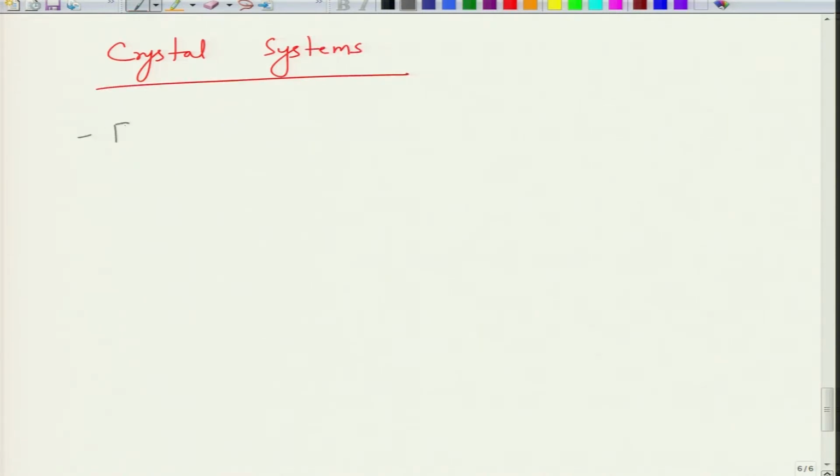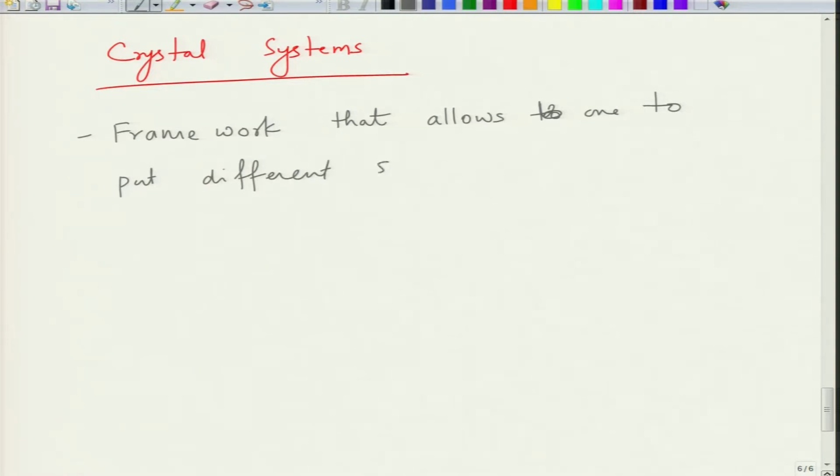Essentially it is a framework that allows one to put different shapes into certain categories which are well defined.